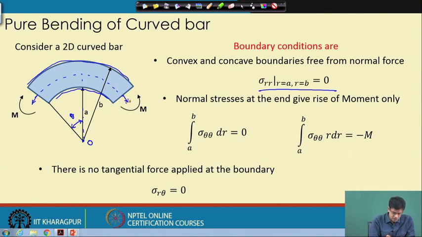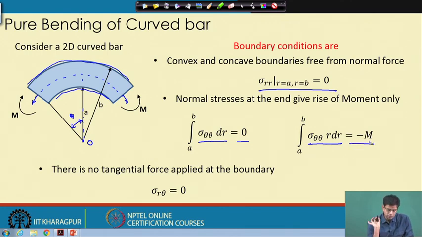This does not create any normal force, which essentially means that if I integrate from a to b, sigma theta theta dr has to be 0, and it only gives a couple because we have a moment acting at the free end surface. So, the integral of sigma theta theta r dr has to be minus M.